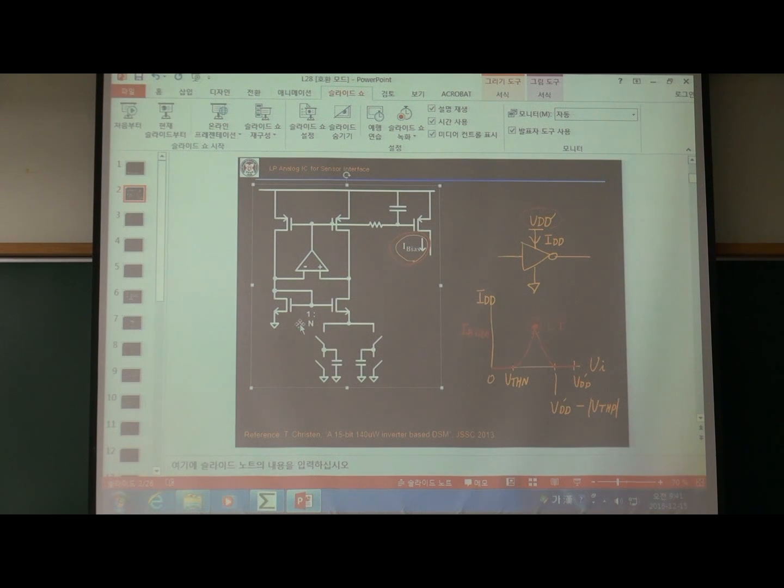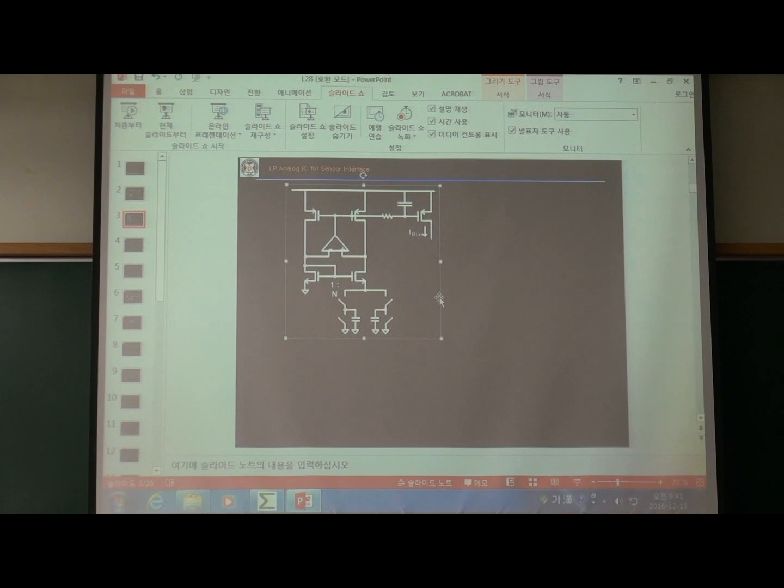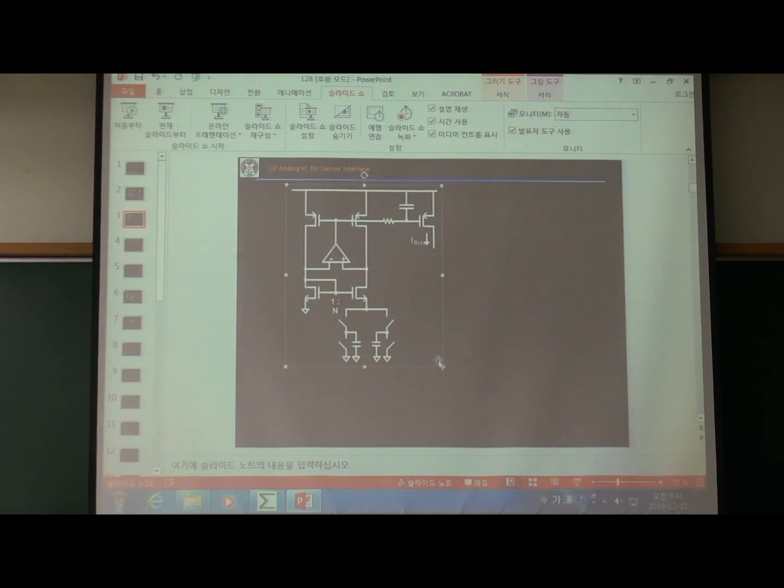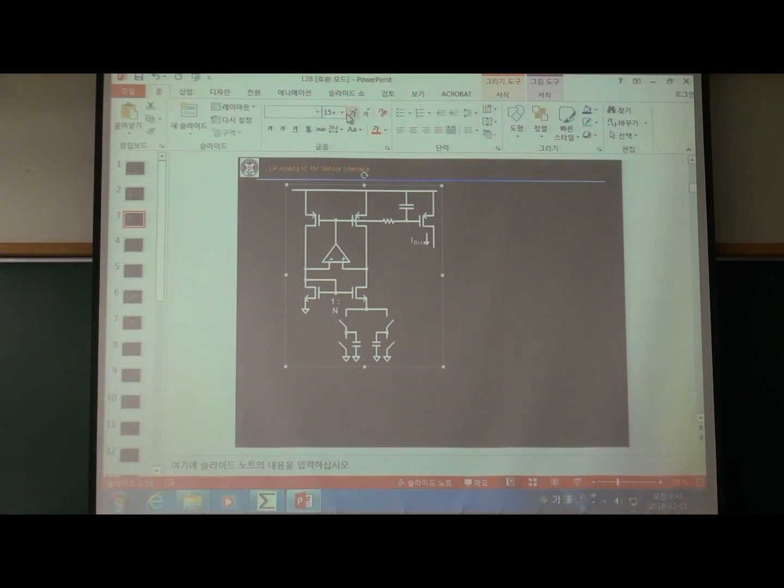I will copy this one. There, make it smaller. How come this thing doesn't change? Actually, this is not grouped.